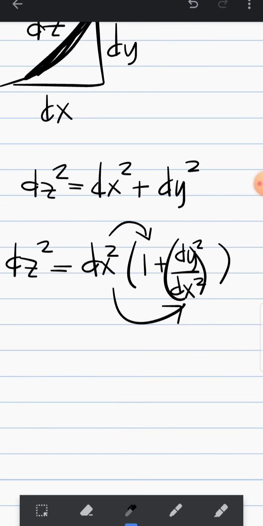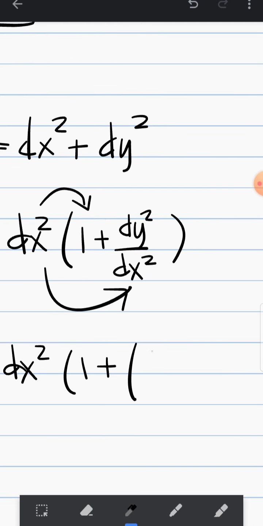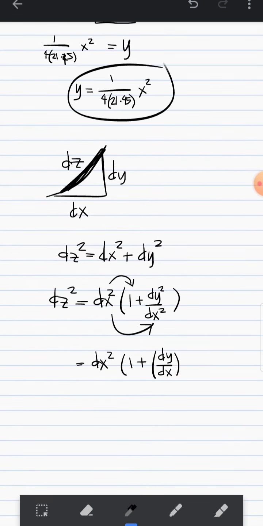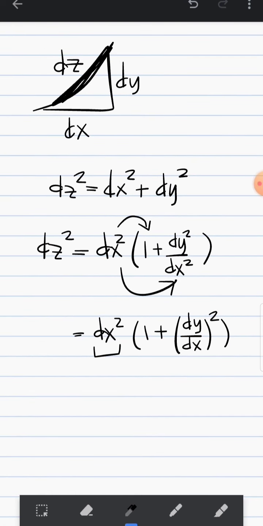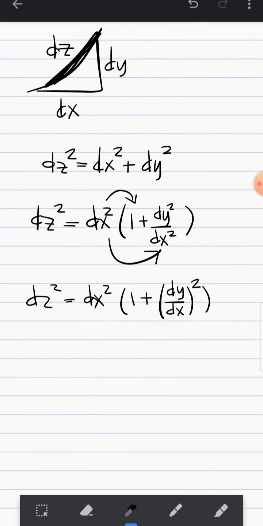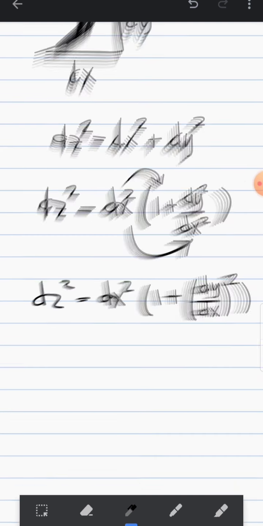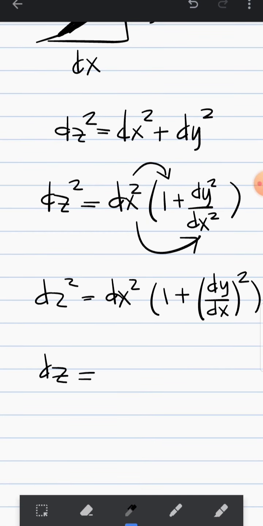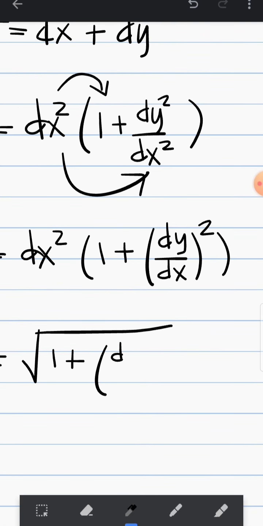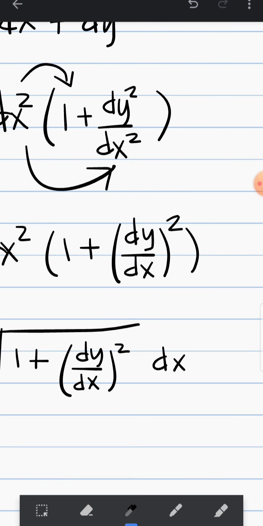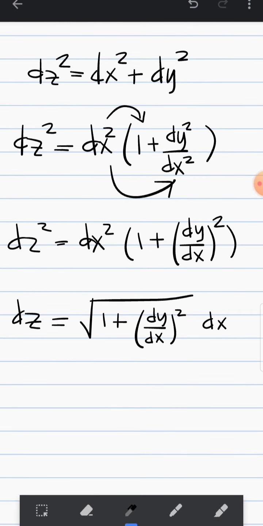So we can say that dz squared is equal to 1 plus the derivative of our equation with respect to x, squared, times dx squared. Now if we get the square root of both sides and consider only the positive value, then this must be our equation, times dx. The squares will just cancel out.